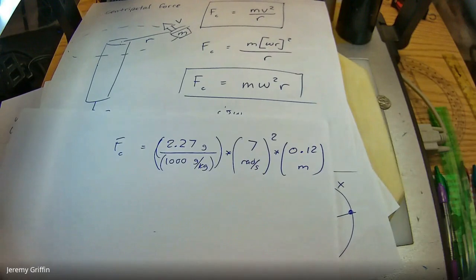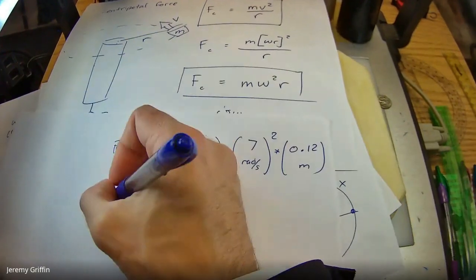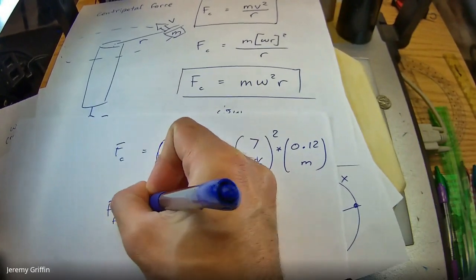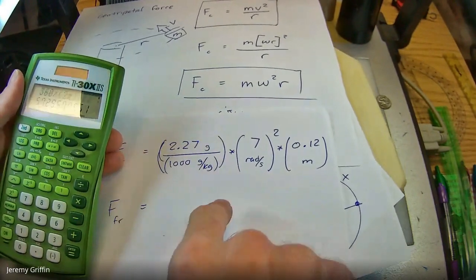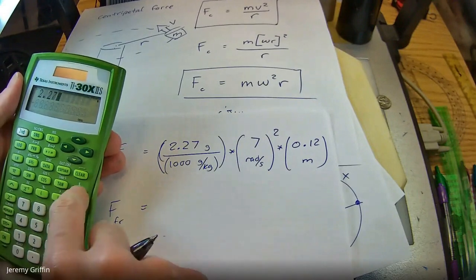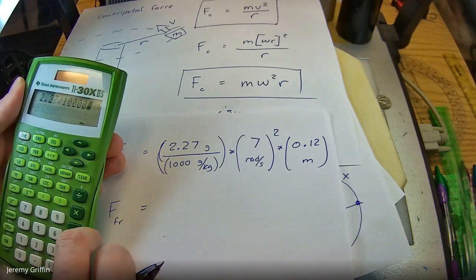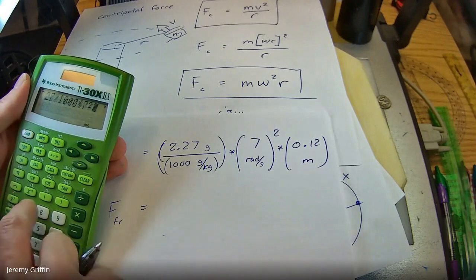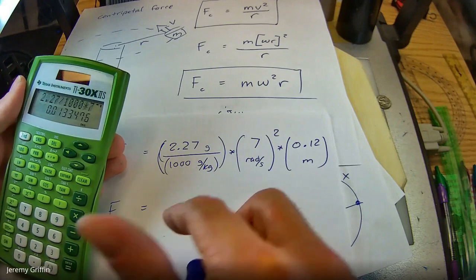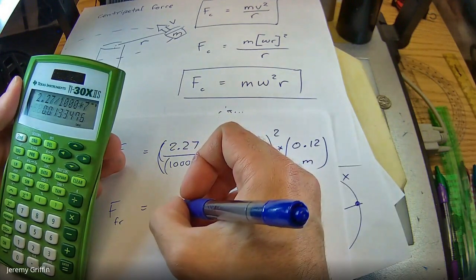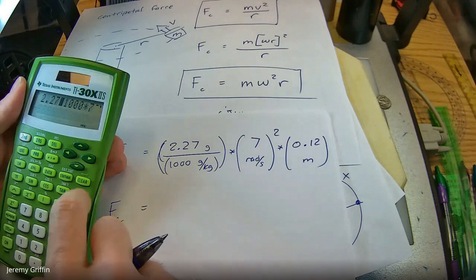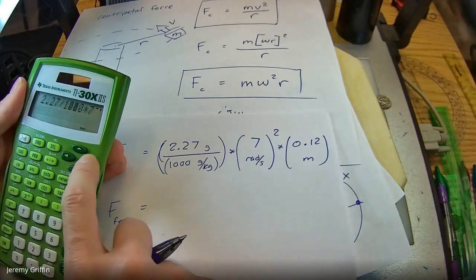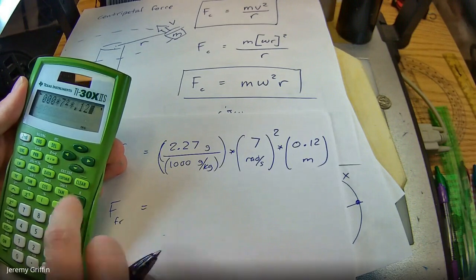Well, I should really say frictional force. The frictional force was holding that coin on the turntable. 2.27 over 1,000 times 7 squared times 0.12. Just check my stuff. Yeah, I think we're good.